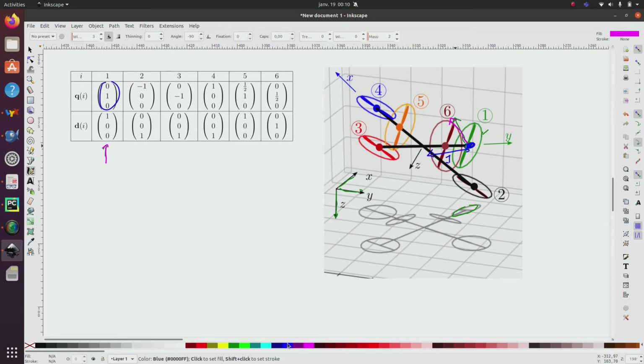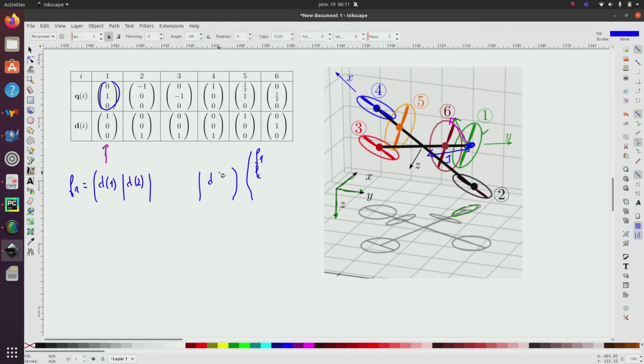So I can write it like this: Fr, the resultant, equals a big matrix with the direction d1 multiplied by the force F1, then the direction d2 multiplied by F2 and so on.